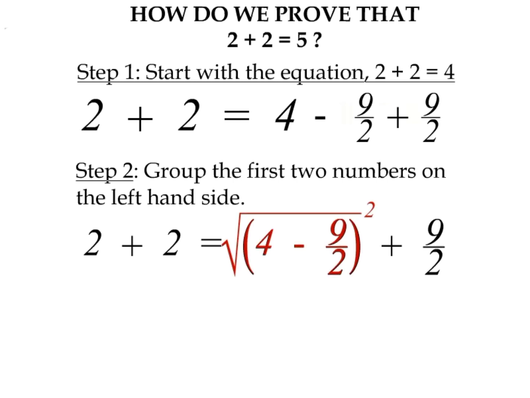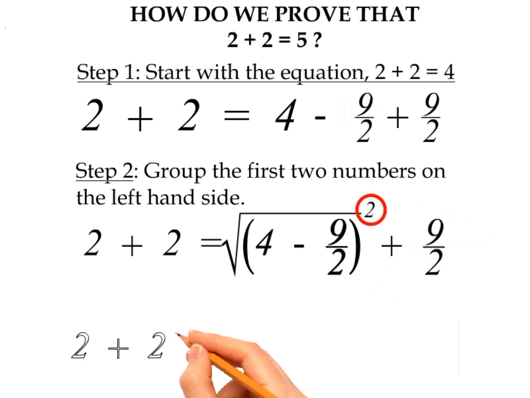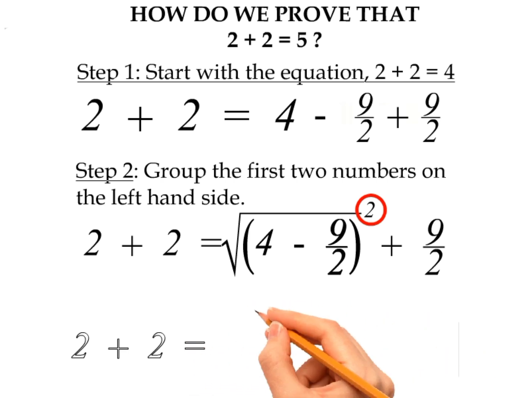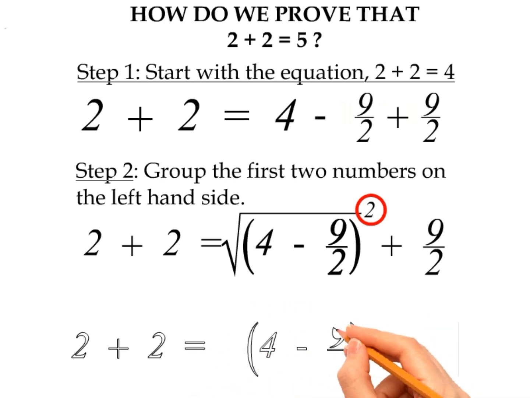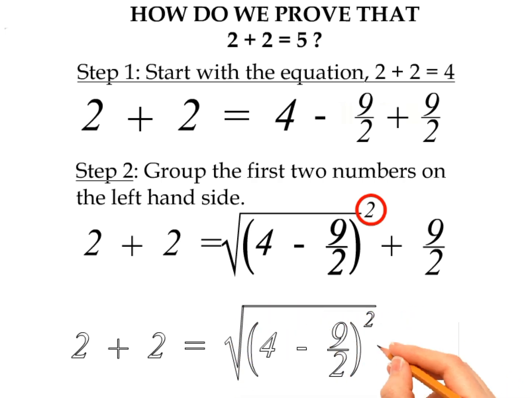Another observation is that 4 minus 9 over 2 can be treated with expansion. Then, the expression regenerates to 2 plus 2 equals the square root of 4 minus 9 over 2 squared, plus 9 over 2. I will rewrite this on a new page for clarity's sake.